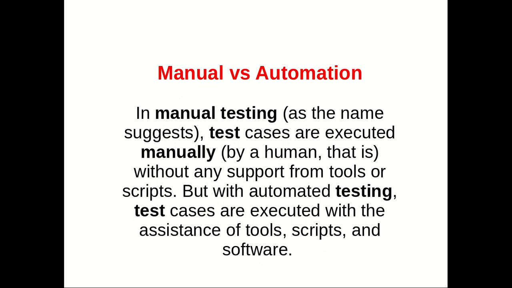There are a lot of testing tools, which will be covered later, but as of now, manual versus automation is nothing but: manual is human interaction testing, and automation is automated testing using tools. Okay, fine, I hope you got a clear picture of these two things. So let us move on to the next topic.